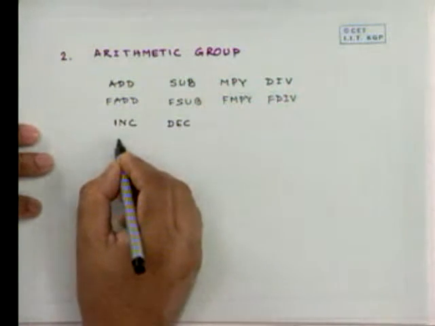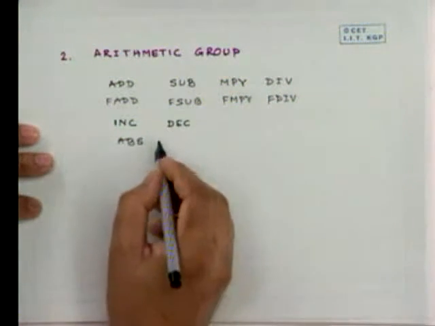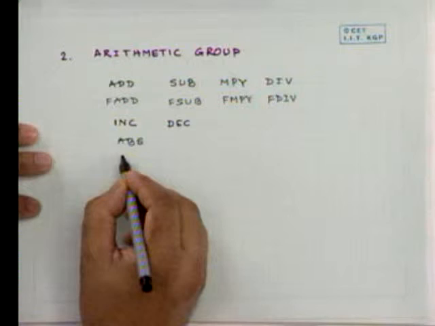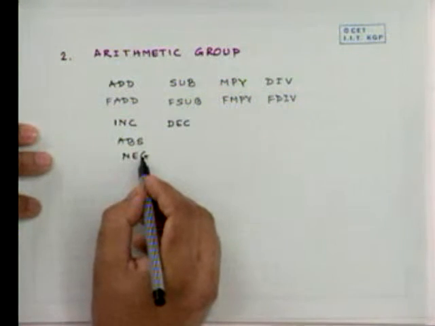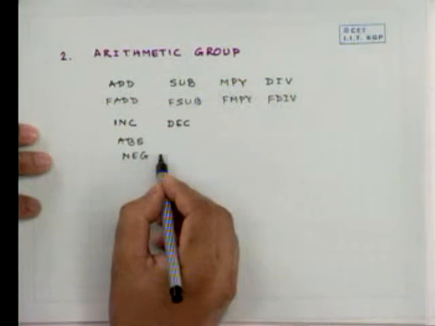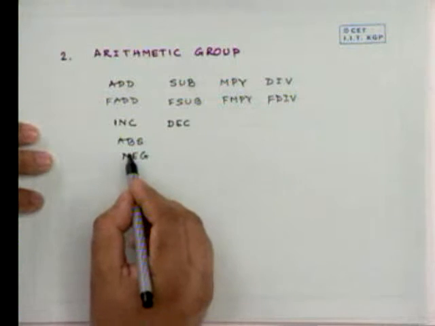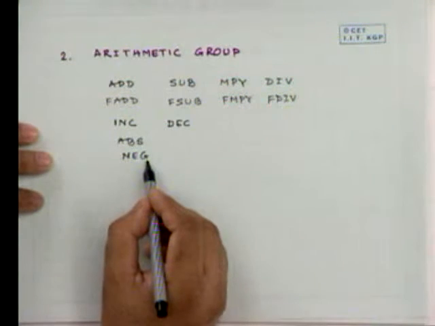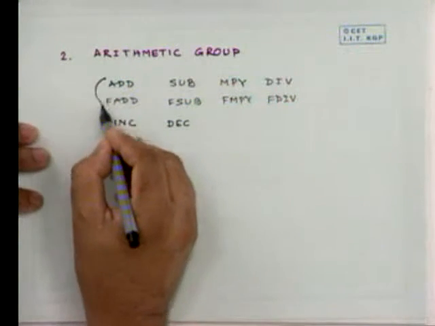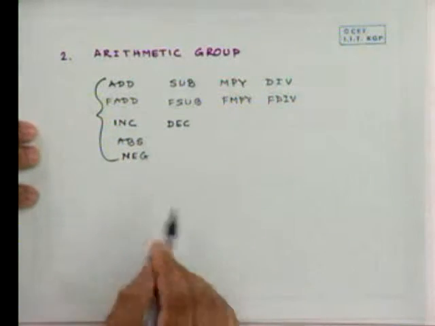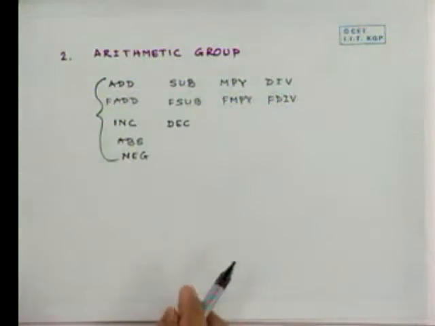Then we can have abs for determining the absolute value, and we can have negate also, to take the complement of an integer number, or the negative of a floating point number. Therefore, these are generally the instructions under the arithmetic group.